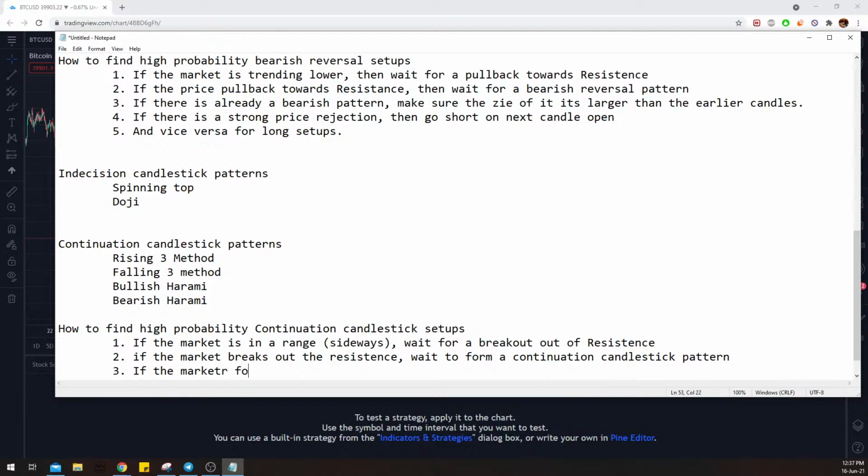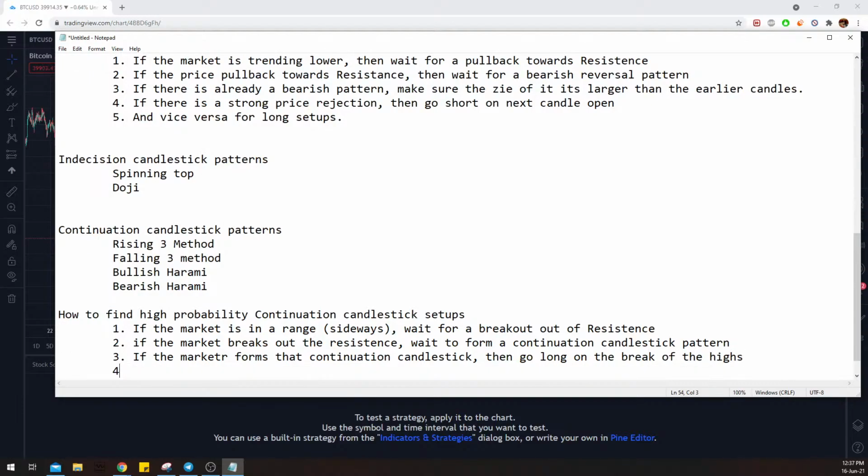If the market forms that continuation candlestick, then go long on the break of the highs, and of course vice versa for the short setups. So instead of resistance we will have support, and we will have the break of the support, and once we have that we are going to go for it.